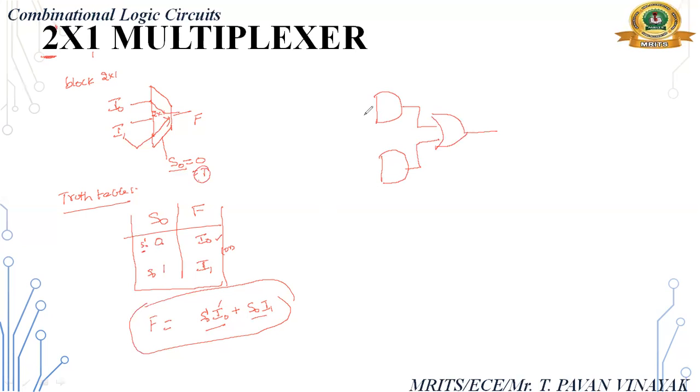So I naught, I1. Next S naught bar. So S naught bar. Here S naught. So give directly here. Yes. So this is the 2 by 1 mux circuit.